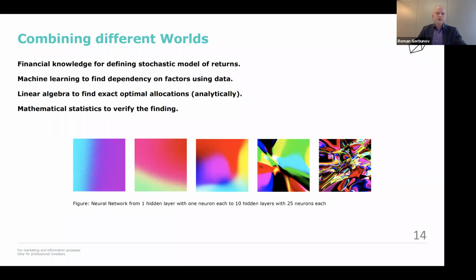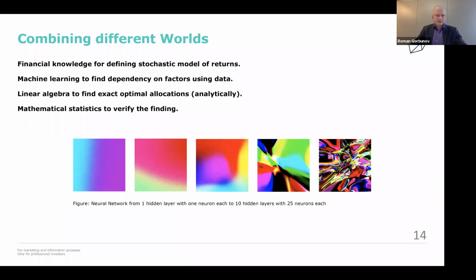Of course, we use machine learning, as we have already mentioned, and I will provide some more details about this also later. Finally, in addition to that, we use linear algebra to define the optimal portfolio based on the results generated by the machine learning. And as I have already mentioned, we use mathematical statistics in order to define whether the patterns that we find or positive results that we have are real or they happen because of chance.